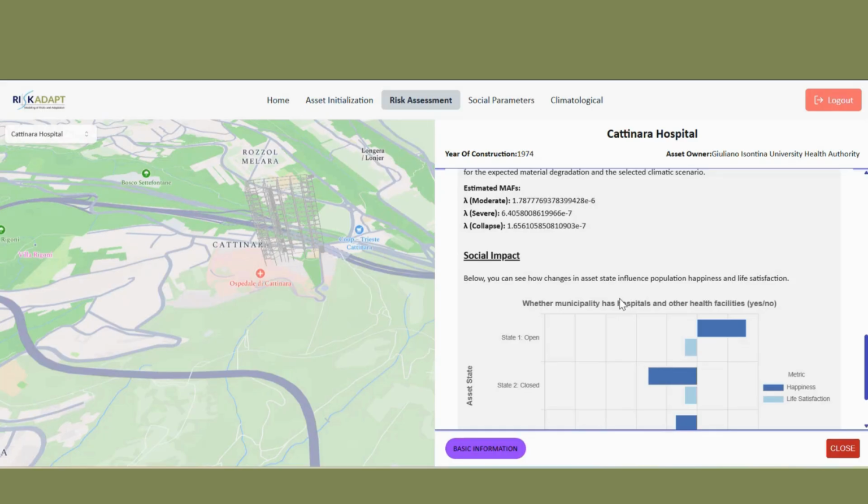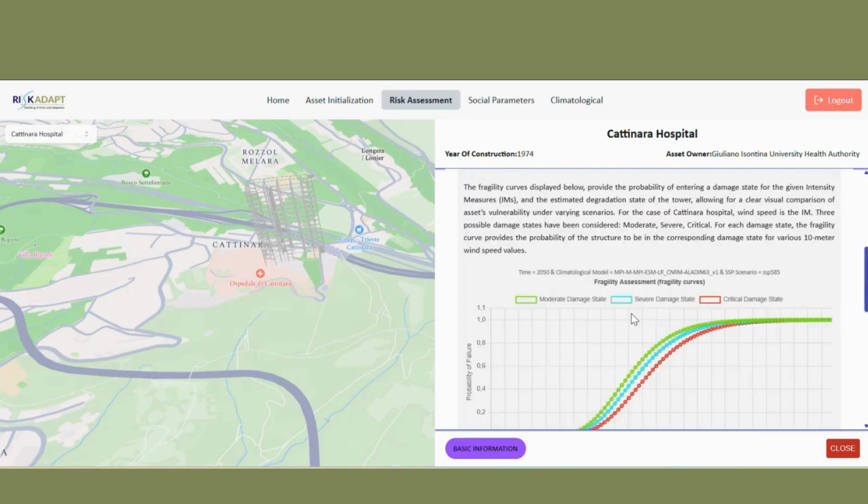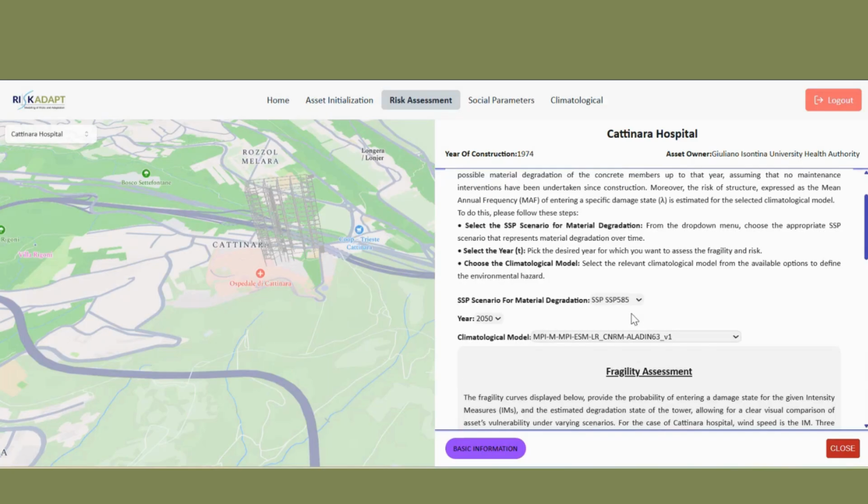Let's see how it is correlated to the social. Am I going to have social impacts? So should I be prepared for that? And this is more or less the integration of the pilot 3 study in our platform, the RISKADAPT platform.